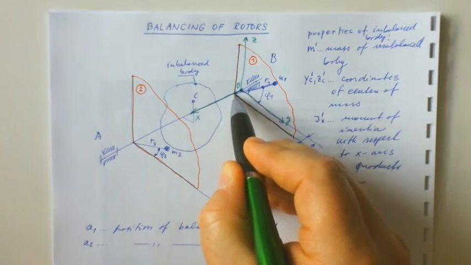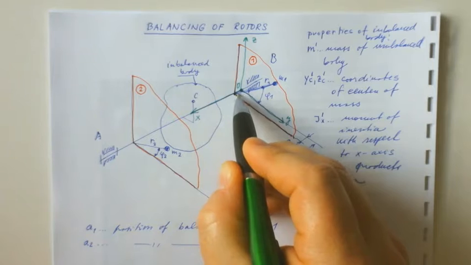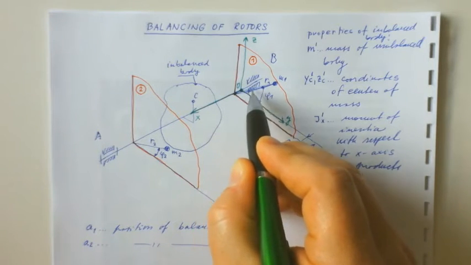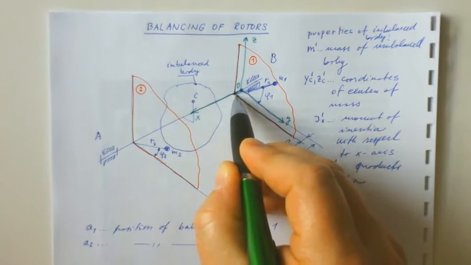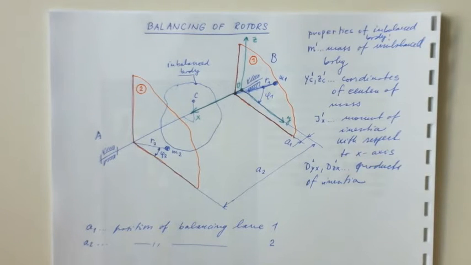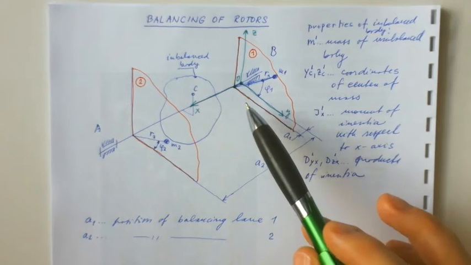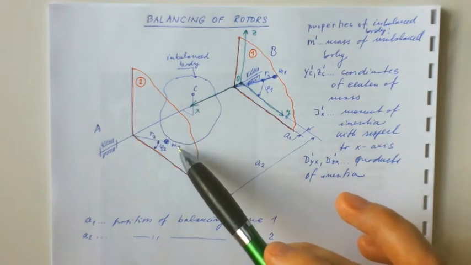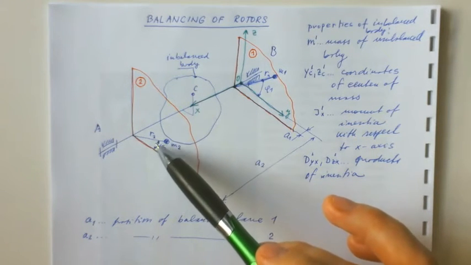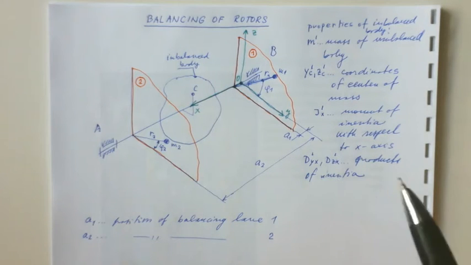The beginning is located here, of this radius. It starts here. The process of balancing ends with calculation of these parameters.